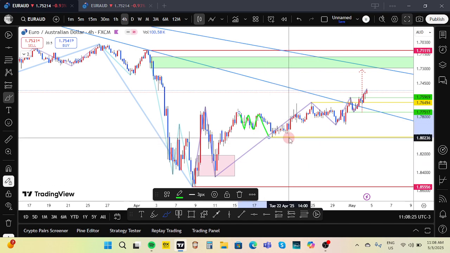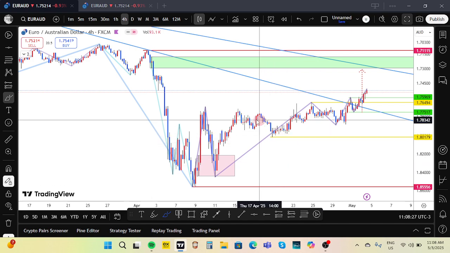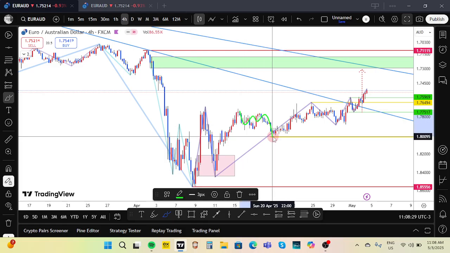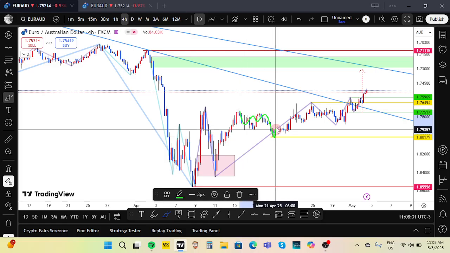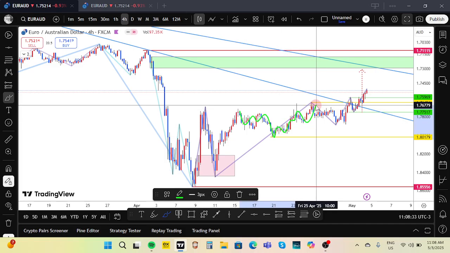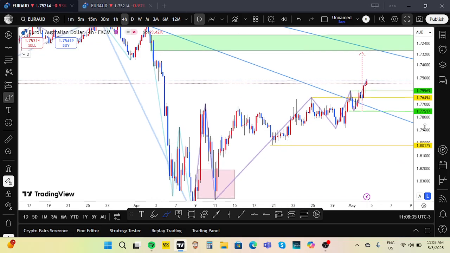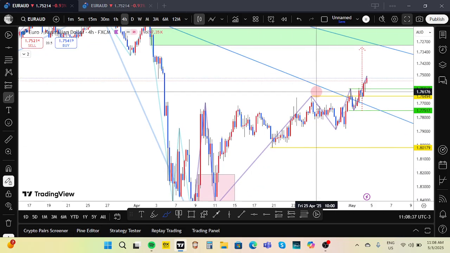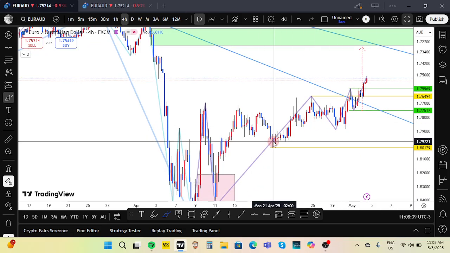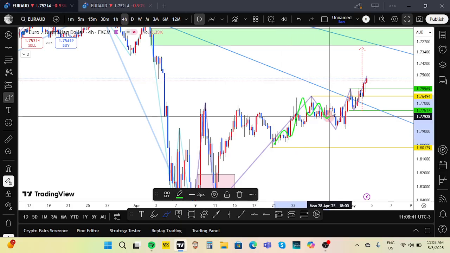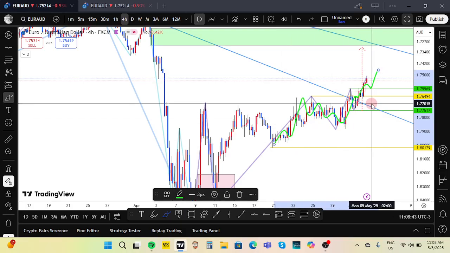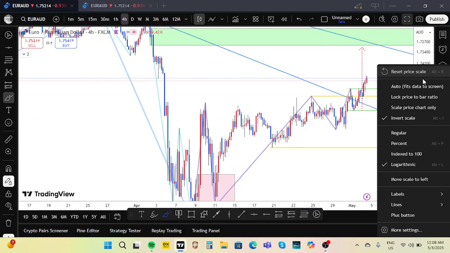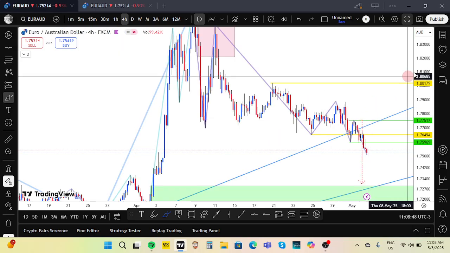So the inner structure for me, like this market was coming down, I'm not going to sell, right? But I will be buying the market at this level because I want to align myself with the monthly band. That the monthly band is up long term, right? So I will be buying the market all the way like this, and I will make all of this profit. So as a beginner trader, that is what I would do, for example.